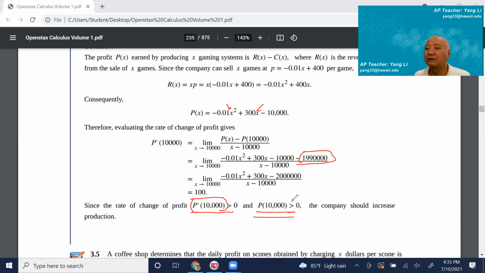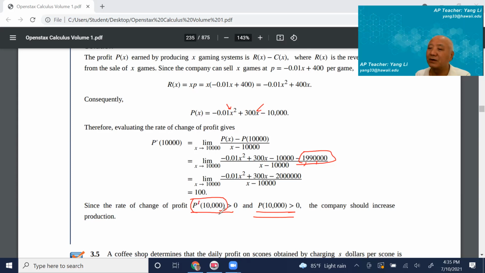That's what we got already. This one itself is positive. So if you produce 10,000 toys, your profit is $1,990,000, right?